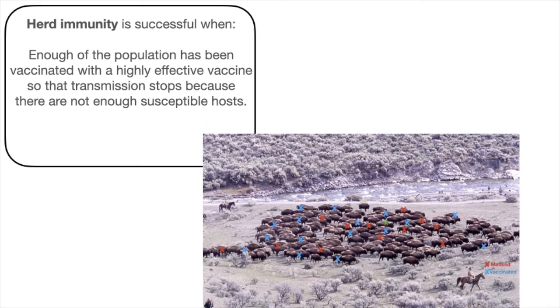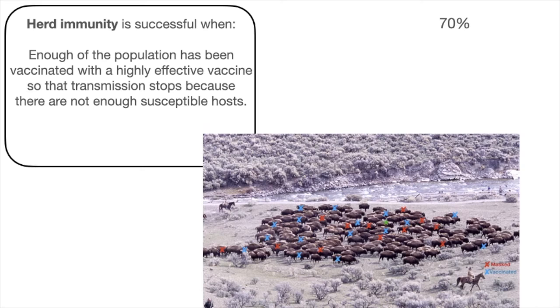And what we have been told to this point is that about 70% herd immunity, 70% vaccination will get us herd immunity, meaning only 70% of the population needs to be fully vaccinated. That number, the percentage of the population to reach herd immunity, is different for every different microorganism.